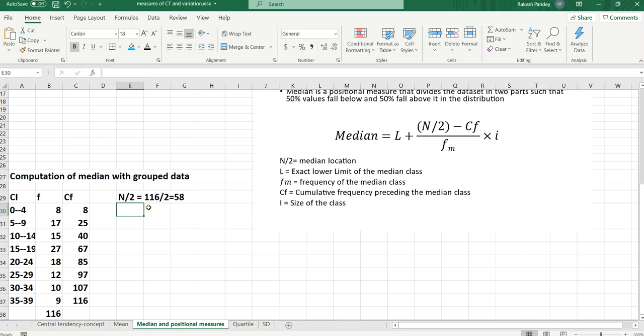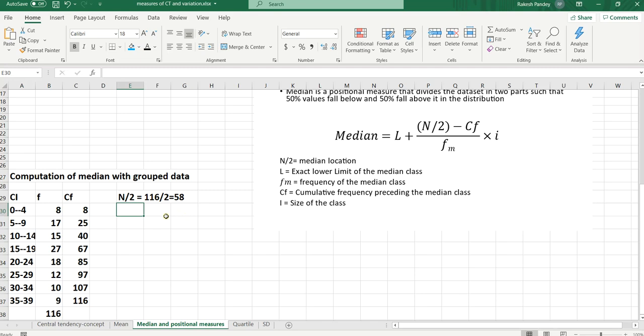So this is suggesting that the 58th value, there are 116 data values in this data set. If we arrange the data set in ascending order, then the 58th value will be the median.